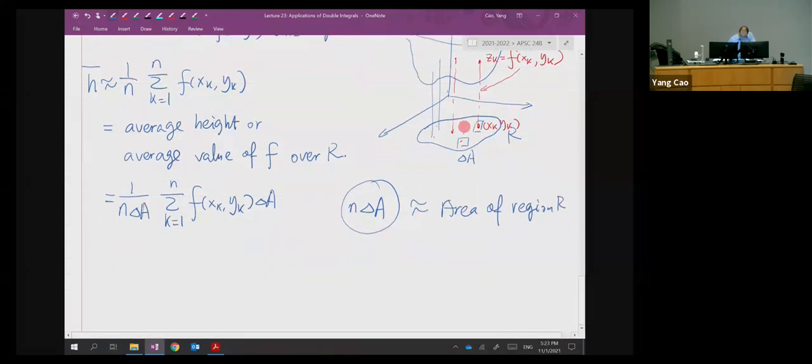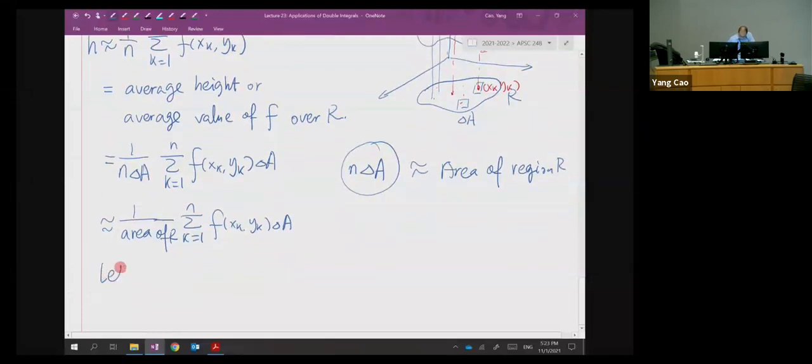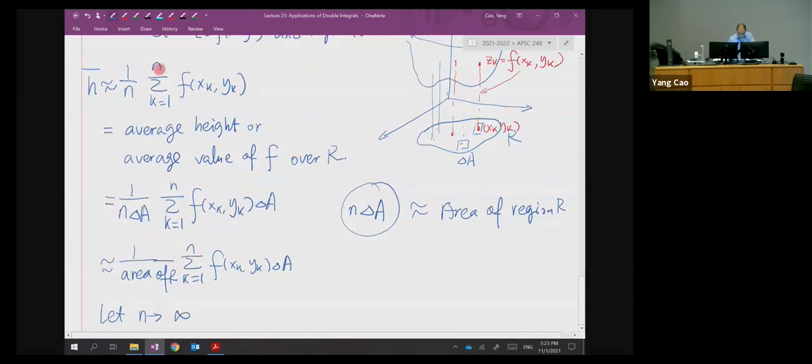So that's approximately 1 over the area of R, multiplied by the summation sign. Now I'm going to let this n go to infinity. Initially, we're just taking n number of points, so now expand to infinity.